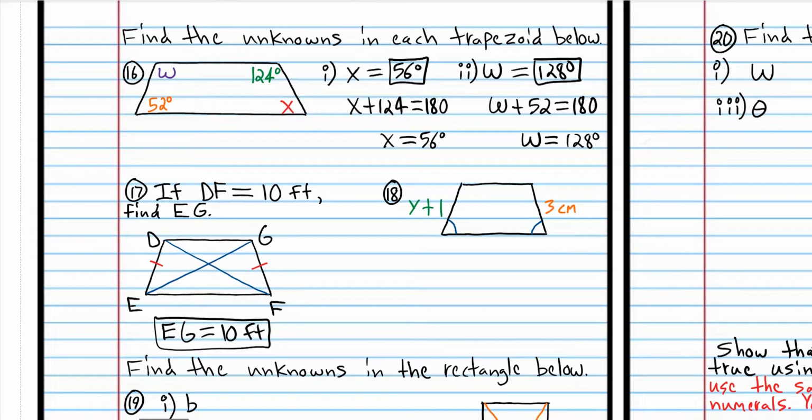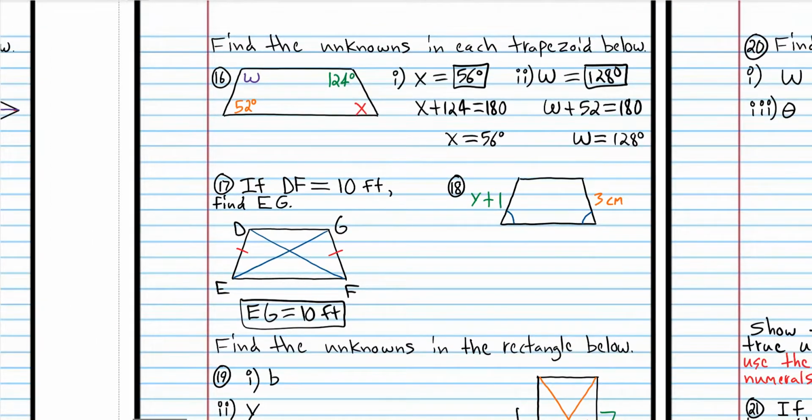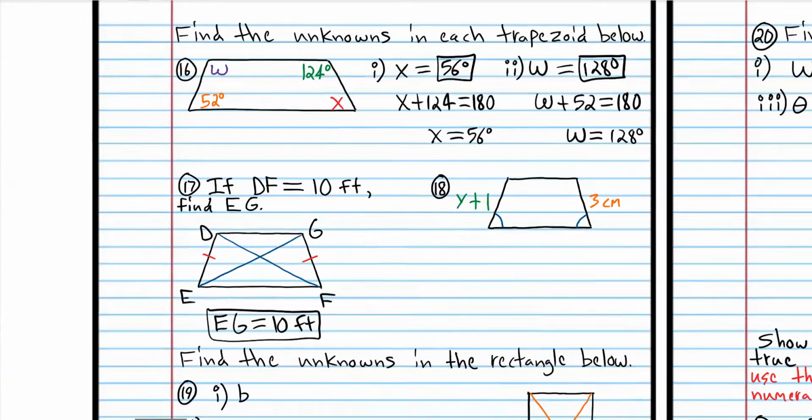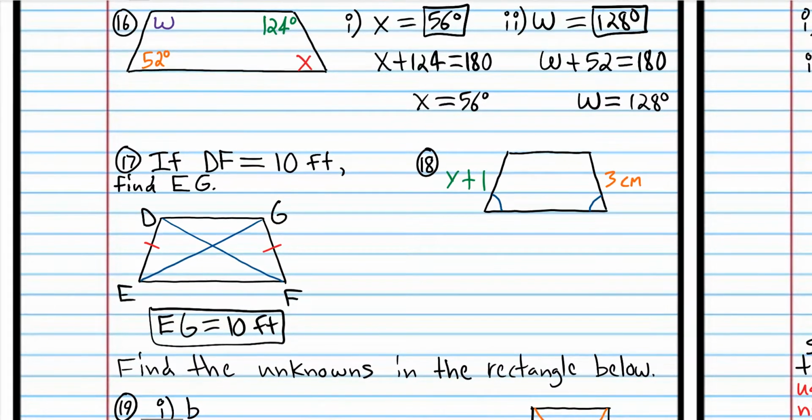All right, we're back. So this theorem is the trapezoid one pair base angles theorem. That tells us that if one pair of base angles are congruent, then it must be an isosceles trapezoid. Now remember, the definition of an isosceles trapezoid is the legs must be congruent.